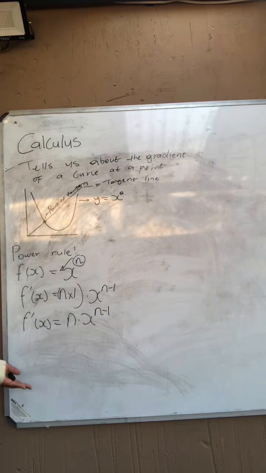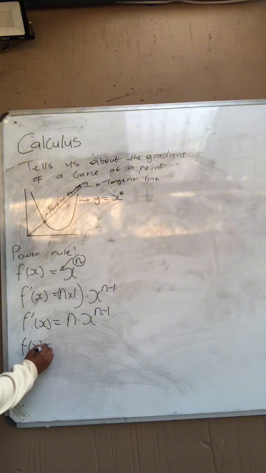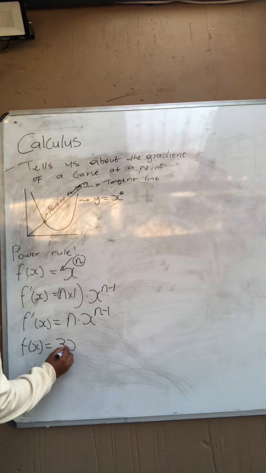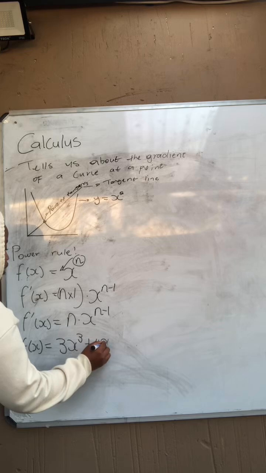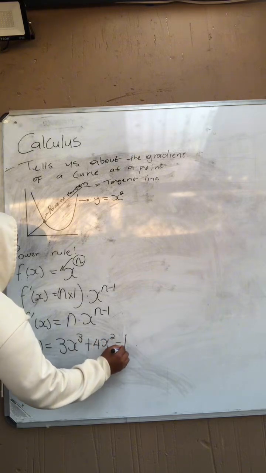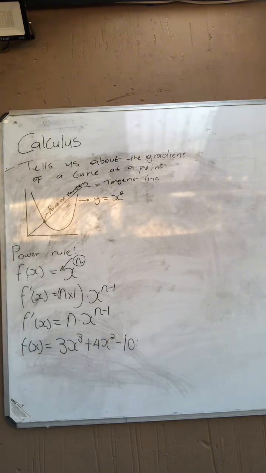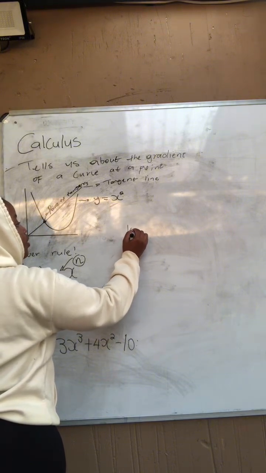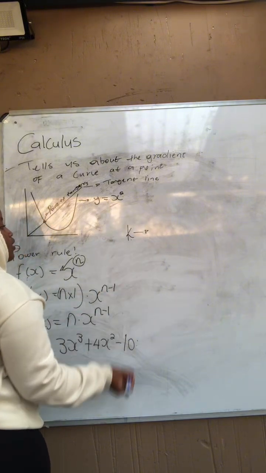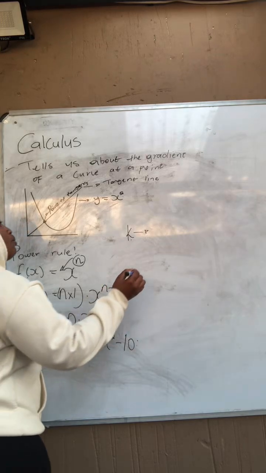This is the power rule. For example, we are given f of x equals 3x cubed plus 4x squared minus 10. Before we solve this problem, let me emphasize this: if you differentiate a constant, the derivative of this constant becomes 0.